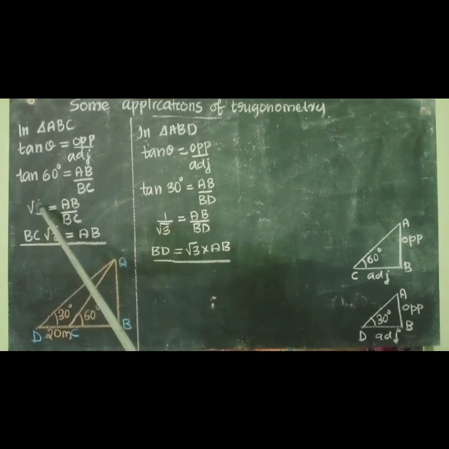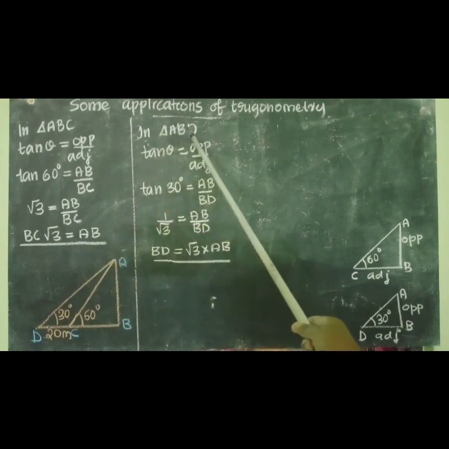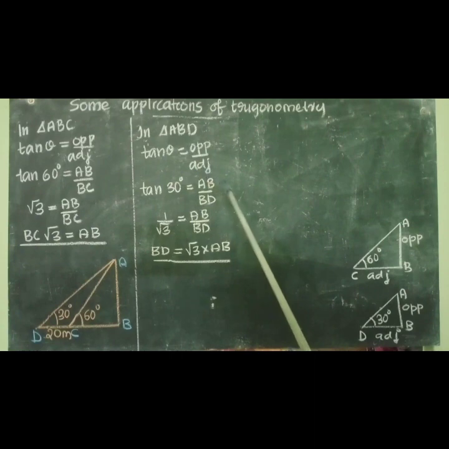So, we can write root 3 equal to AB by BC. Cross multiplying, we get BC root 3 equal to AB. Let it be there.